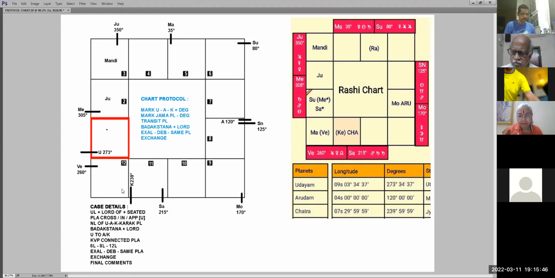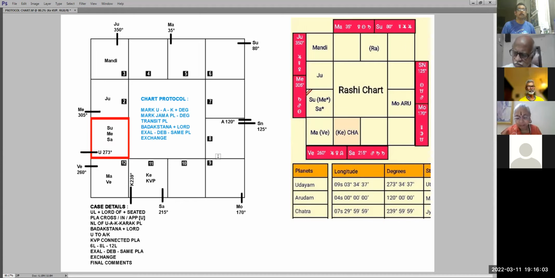This is Sun, Mercury, Saturn, Mars, Venus, Ketu, Moon, Rahu. Correct? So 1, 2, 3, 4, 5, 6, 7, 8, 9. Okay. So we have got this step also on now.